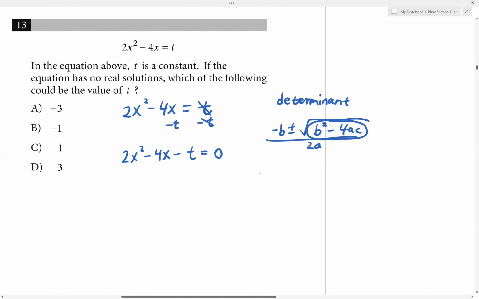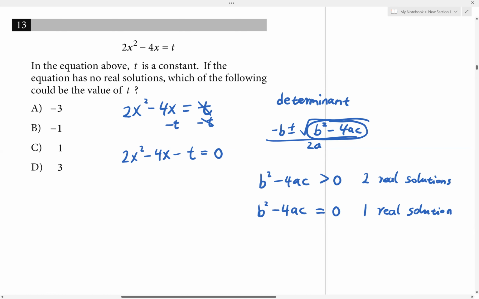So what happens is, if b squared minus 4ac is positive, greater than 0, then we have two real solutions. Discriminant positive, we get two real solutions. If the discriminant b squared minus 4ac is equal to 0, then we only get one real solution.